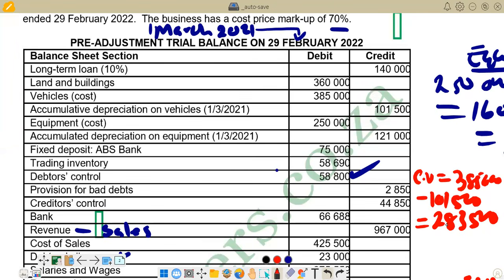So for the carrying value, you are getting 283,500. Then you multiply it by 0.2. Remember, the rate is 20%, and then you get 56,700.